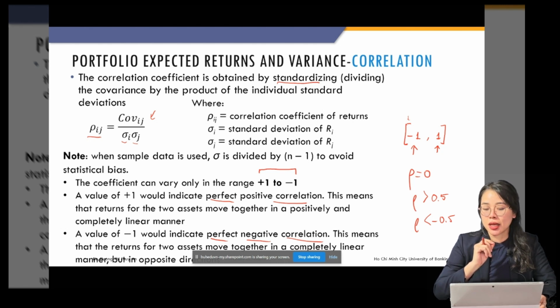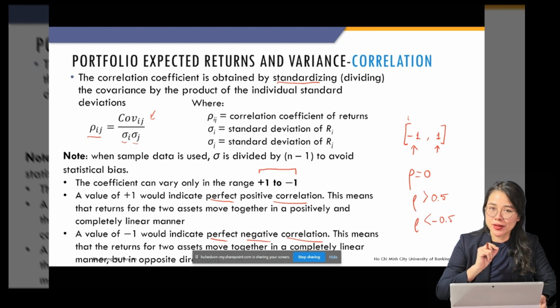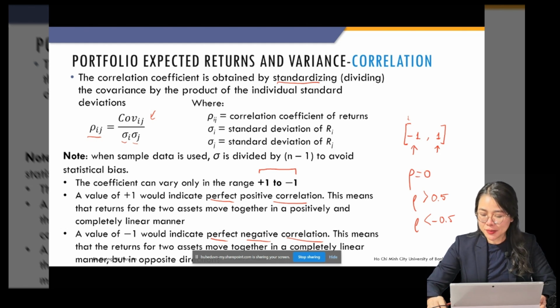Note that the correlation of two financial assets doesn't mean that the two financial assets have a relationship. I will give you one example.